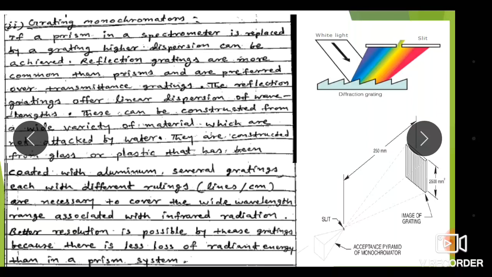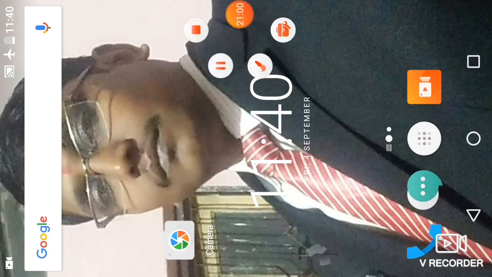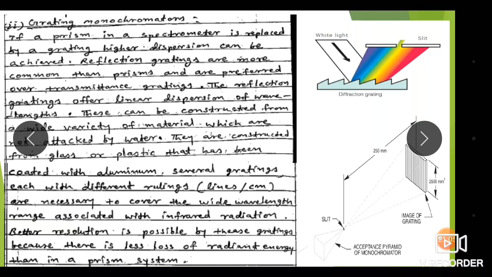See, a number of equally spaced lines are ruled, and this is how diffraction and reflection take place with the help of this grating, and a lesser amount of radiant energy is lost by means of the diffraction grating.